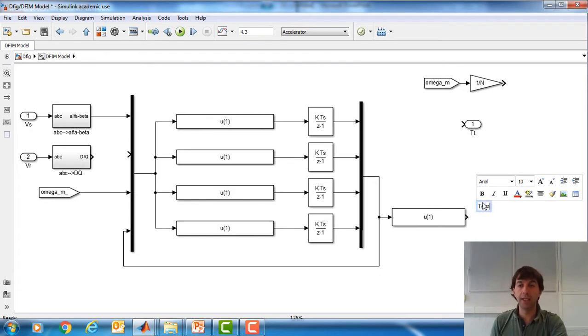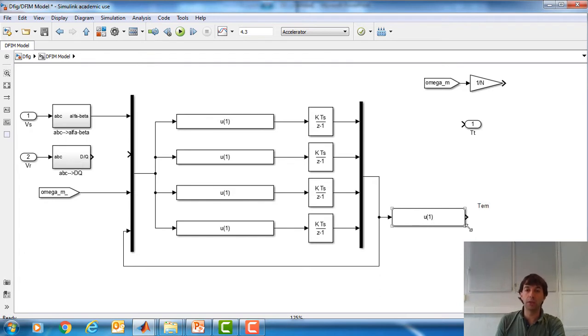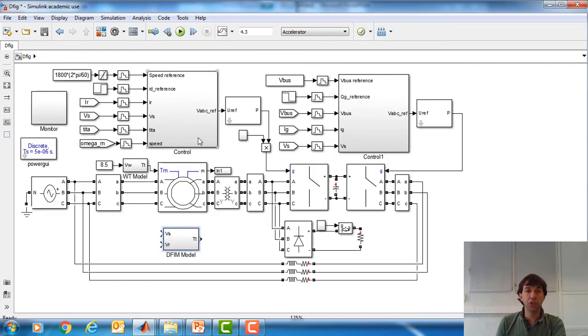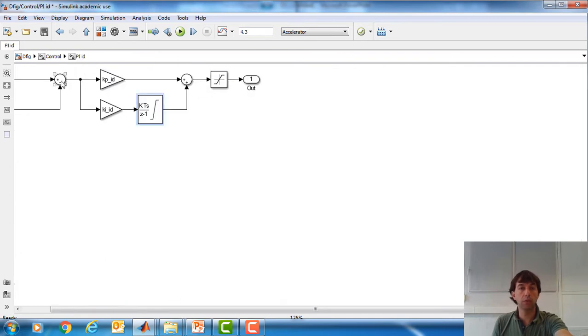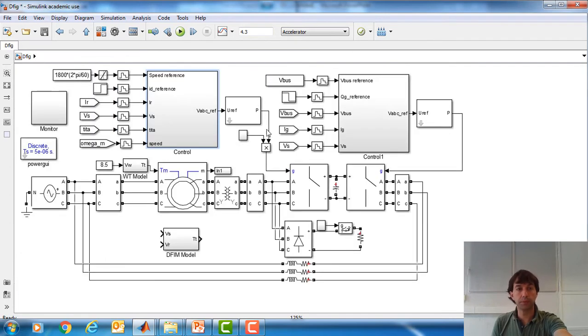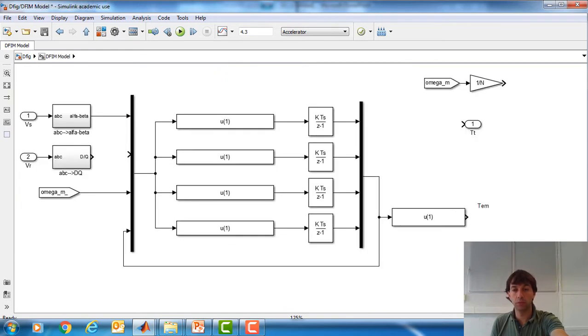We will later put here the equation. And then here we need to use the mechanical equations, which is very simple, but we will need this element. This is the torque.